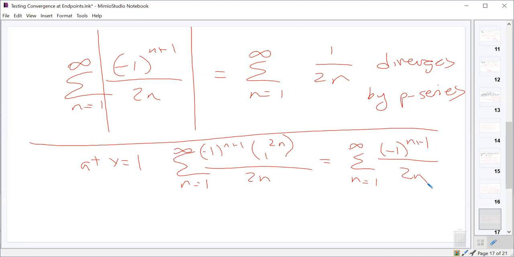And we'll see that then, what's happening here? Does this converge or does this diverge? It's the same thing as what we just dealt with when we plugged in -1, right? So we will say that this converges. Why does this converge? Again, by the alternating series.